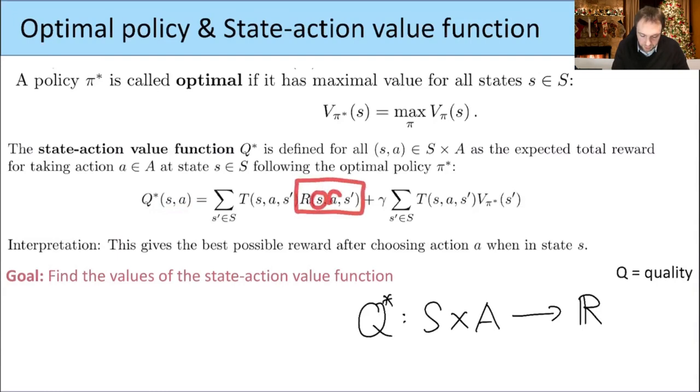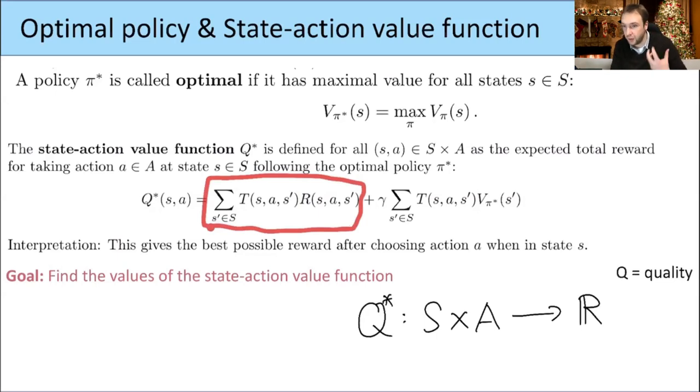We are in state S, we take action A, and we go to state S prime. The probability of going to S prime is given by this transition probability function. So this gives us exactly the expected value of the immediate reward, because we take the probabilities of landing in some state S prime and multiply it with the reward we get when we land in the state S prime.